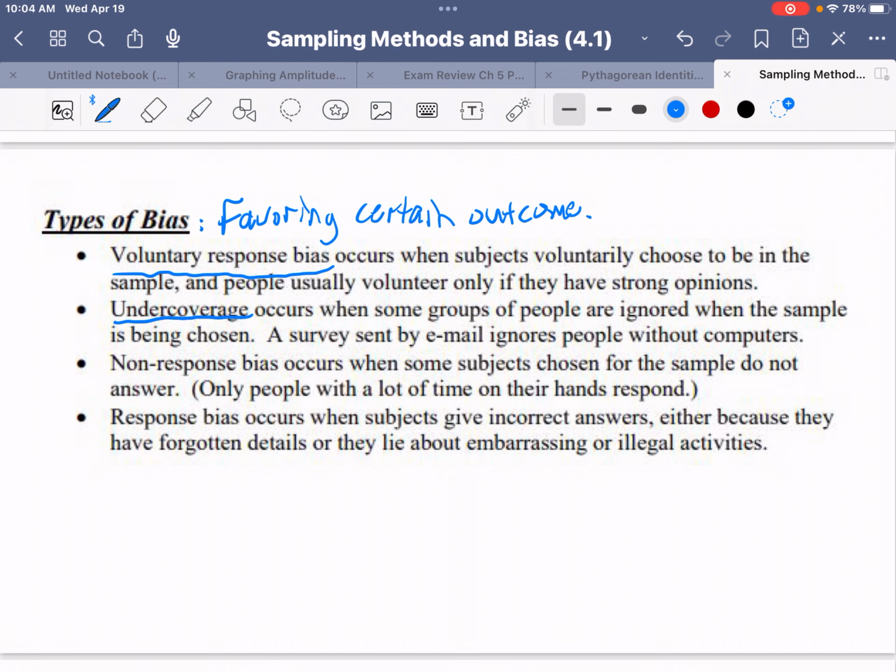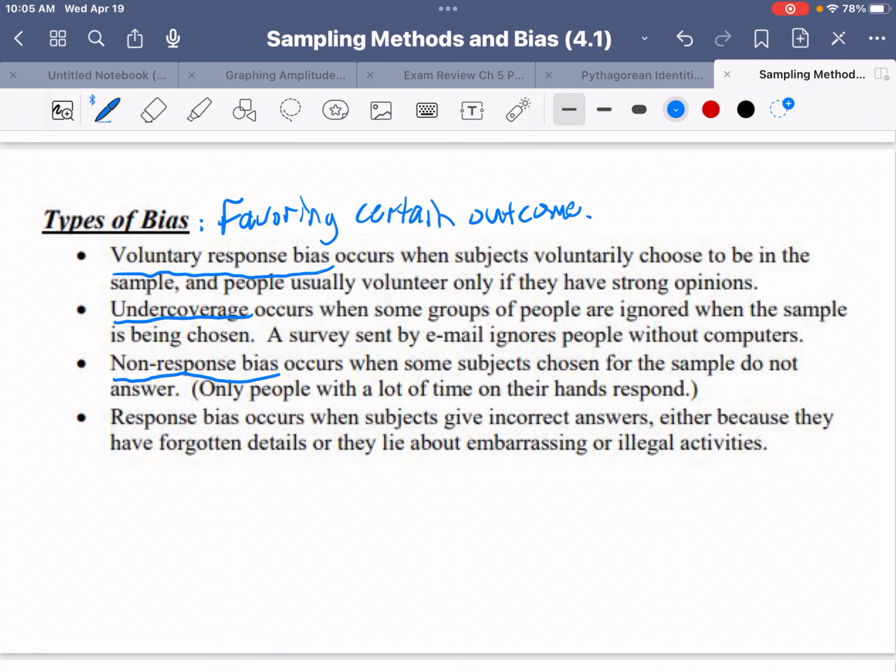Undercoverage occurs when some groups of people are ignored or missed when the sample is being chosen. A good example of that is college students and homeless people being underrepresented in a survey. A survey sent by email ignores people without computers. Non-response bias occurs when some subjects chosen for the sample do not answer.